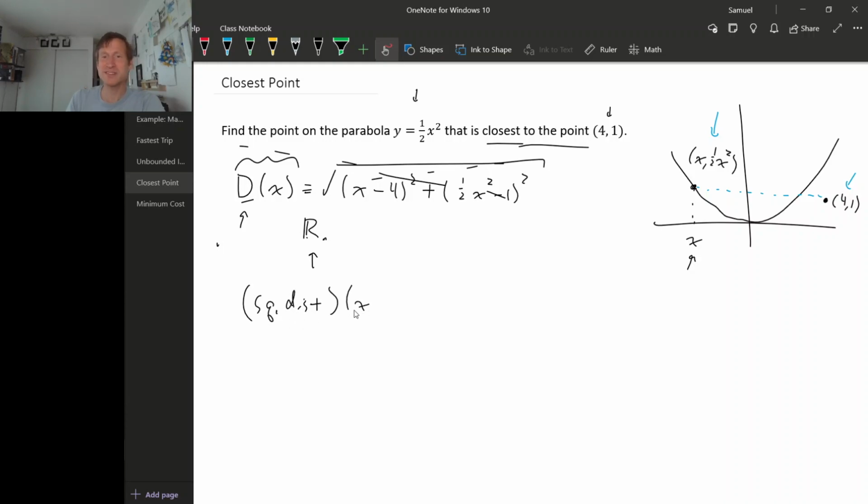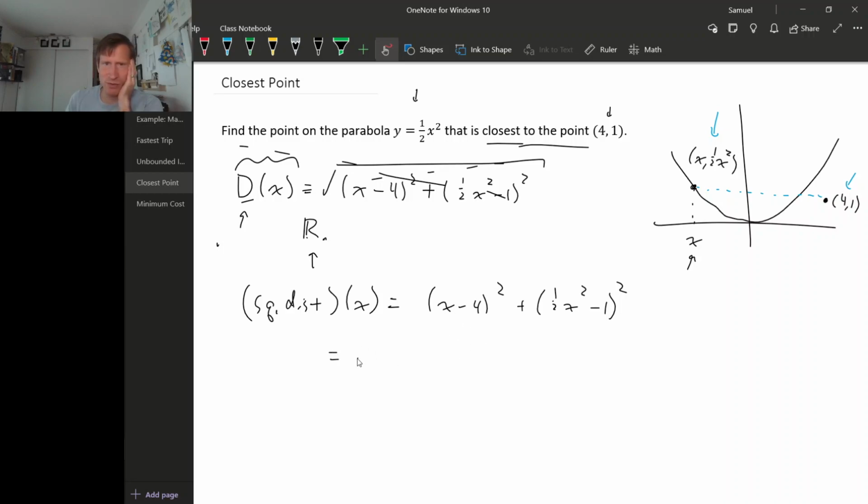So the square distance function is just (x minus 4) squared plus (1/2 x squared minus 1) squared. You can see this equation is going to be easier to solve. This function is going to be easier to find the minimum of because the formula for it is just simpler. All right, so let's see. We're going to have to take a derivative, and maybe we should multiply this out before we do that. Couldn't hurt, I guess.